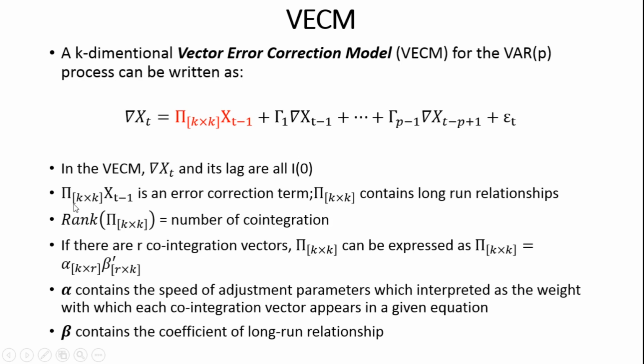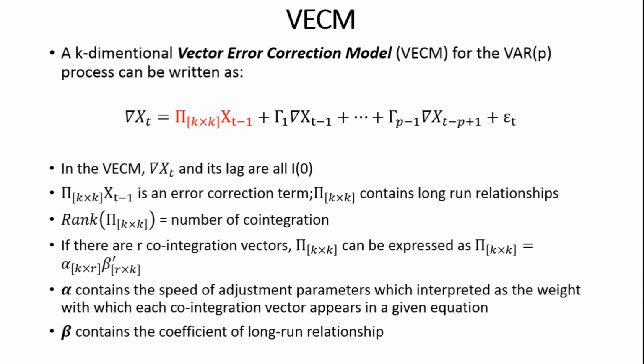Πxt-1 is the error correction term, and the matrix Π contains the long-run relationships. So the rank of this matrix is the number of cointegration relationships.